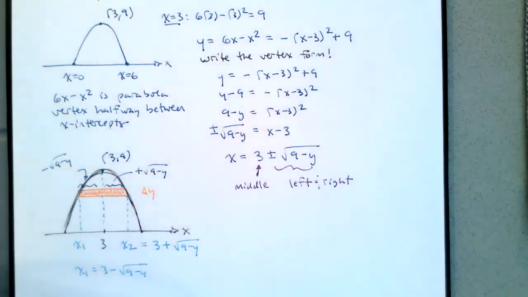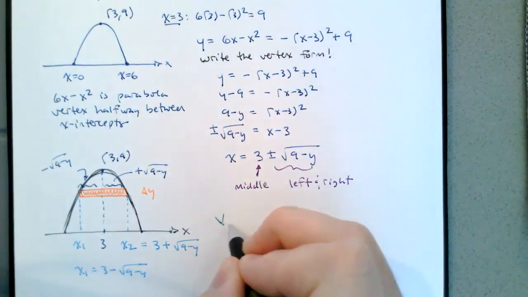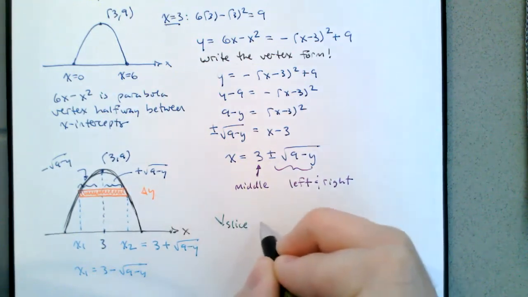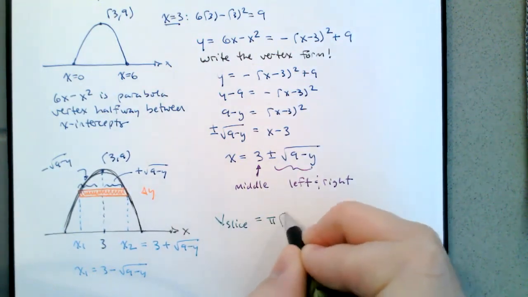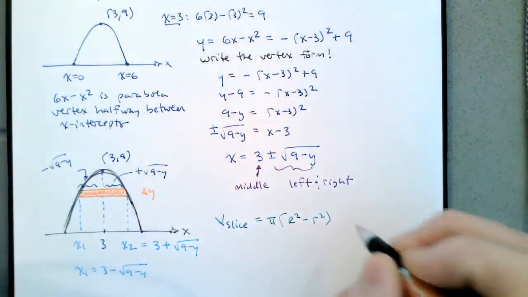So we're just utilizing the symmetry of the parabola to get our 2 different values of x. So finally, our volume of the slice was pi times big R squared minus little r squared times delta y.